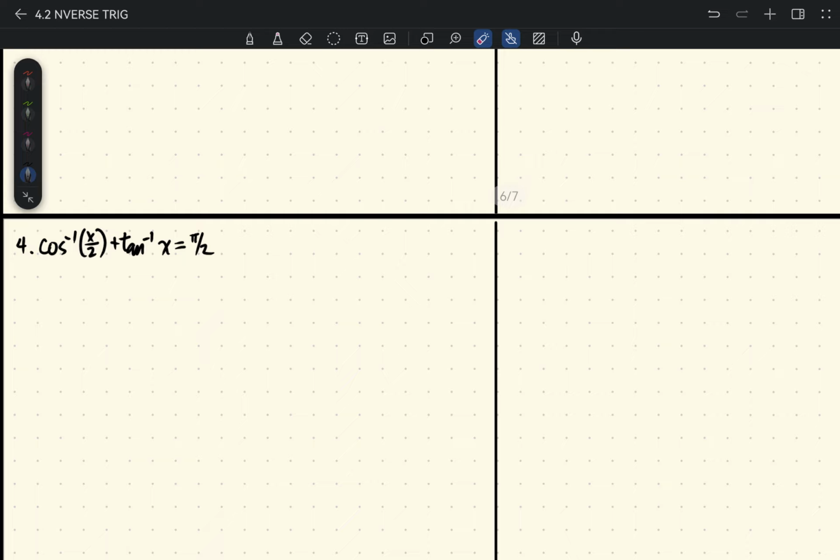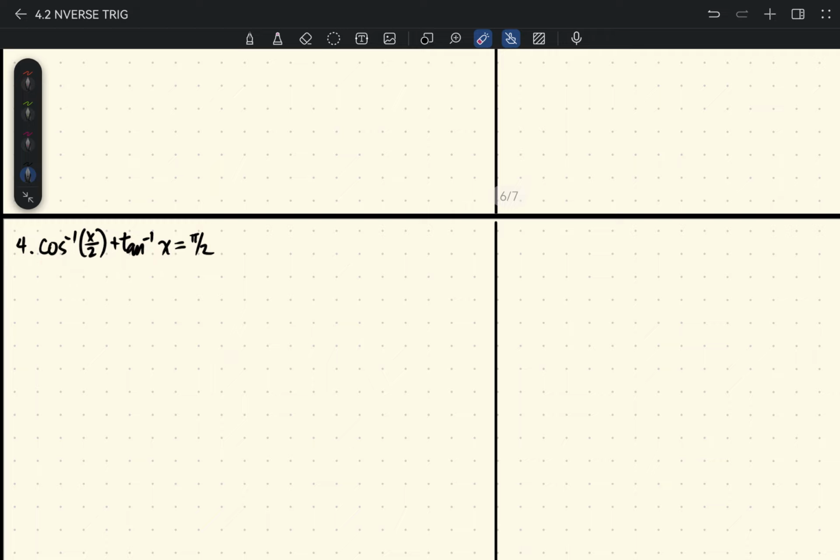Basically, we'll just employ the same technique that we did in number 3. But first and foremost, maybe what we can do is separate these two inverse trigonometric functions.